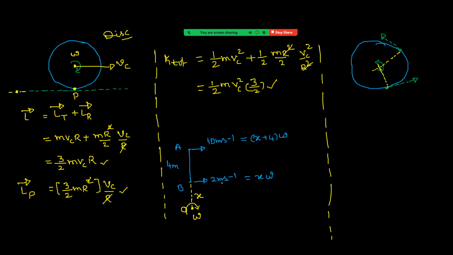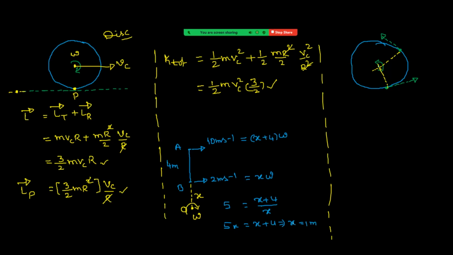Take the ratio: 10 by 2 equals 5. That is equal to, omega gets cancelled, (x plus 4) upon x. So 5x equals x plus 4, which implies x equals 1 meter.